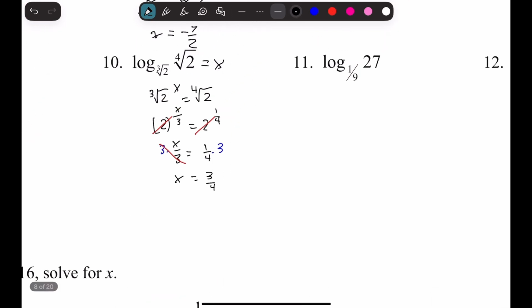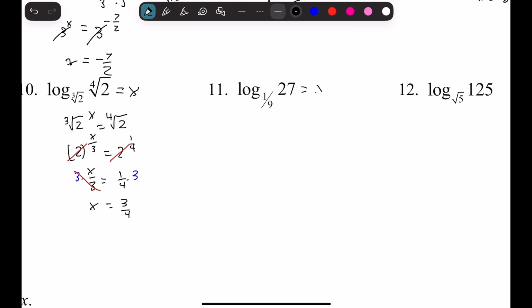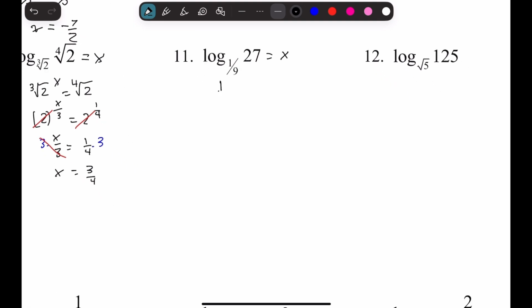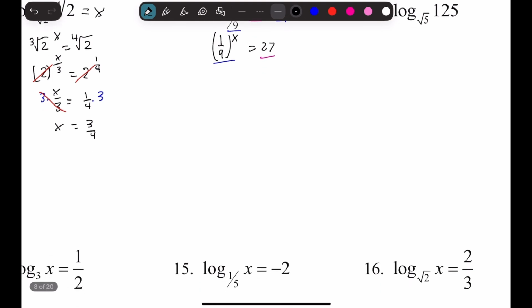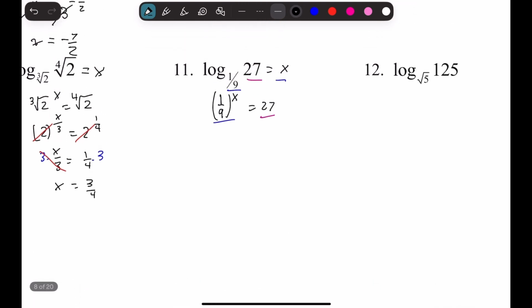And now we can move on to our next problem. So here, this is going to equal x. We're going to have 1 over 9 to the power of x is equal to 27. Now what we can do, 9, we know that's a perfect square. So that's 1 over 3 squared to the power of x is going to equal 3 to the power of 3.